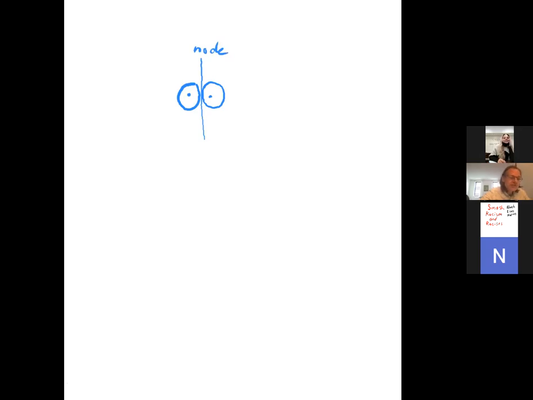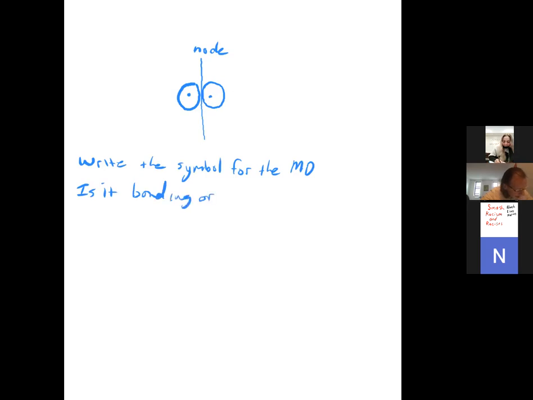So what they do is they ask you to write the symbol for the MO, for the molecular orbital, okay? And then they ask you, is it bonding or antibonding?